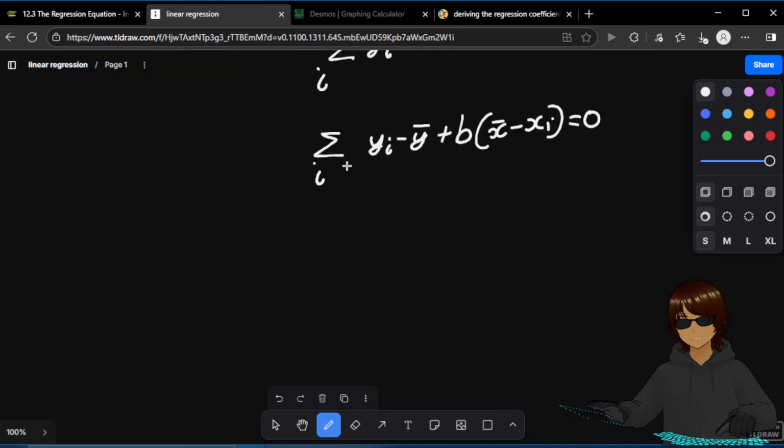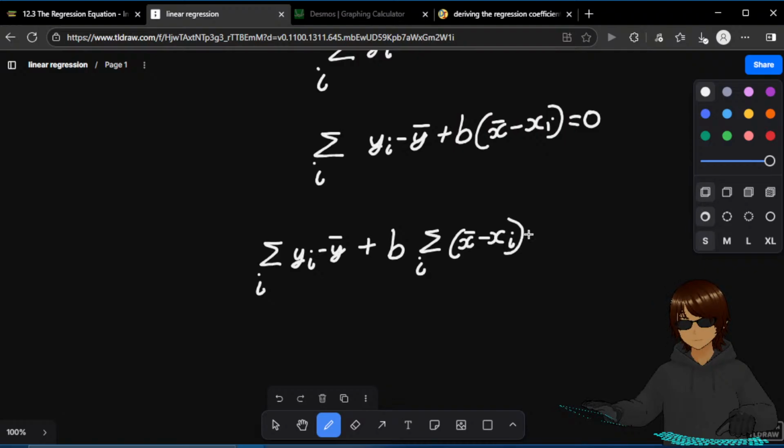Now I can split them up. I have yi plus, and b is a constant, right? Then I can make b the subject of the equation.